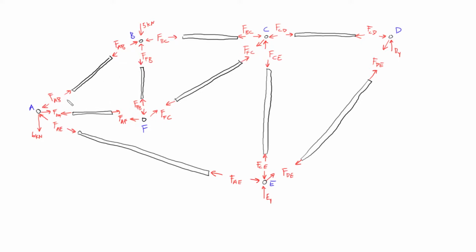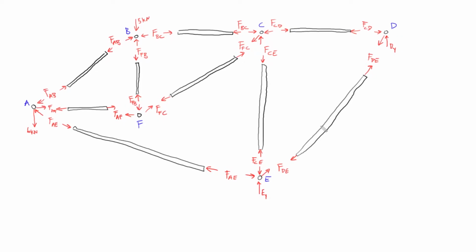Again, it doesn't matter whether you draw these reaction forces the same way as I did. As long as you're consistent with your signs and did the math correctly, you should still get the same answers that I get. So the first thing we're going to do is look at joint D. We're going to start with joint D and analyze it. The only equations that we're going to use are basically the sum of the forces in the x direction and the sum of the forces in the y direction.